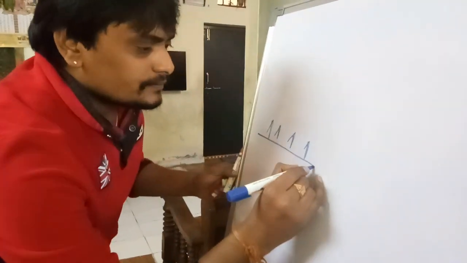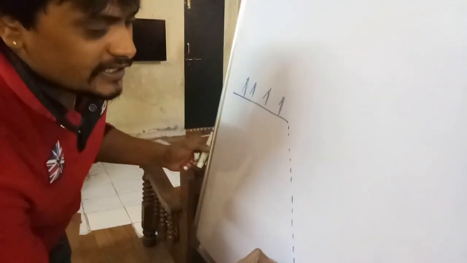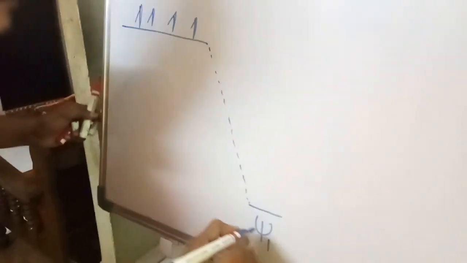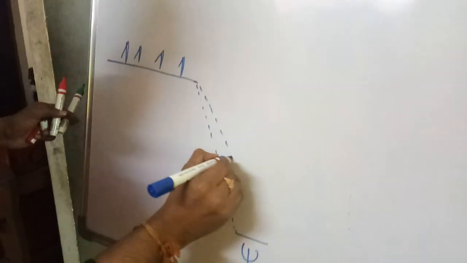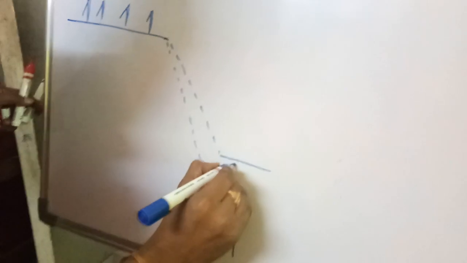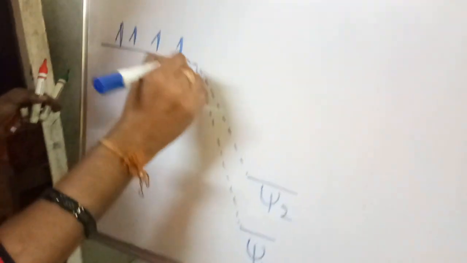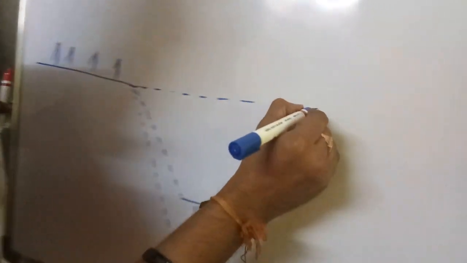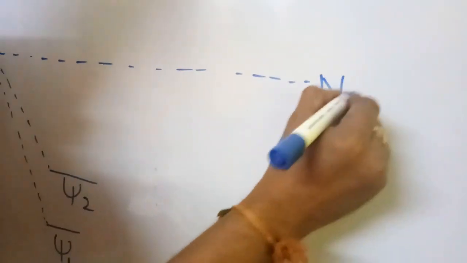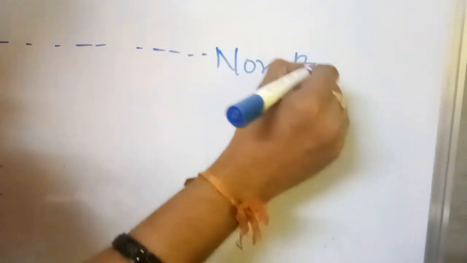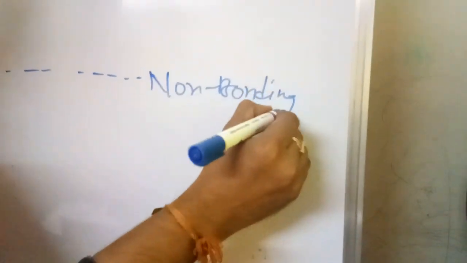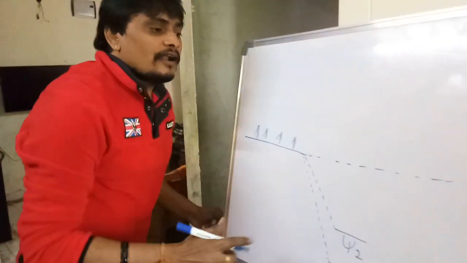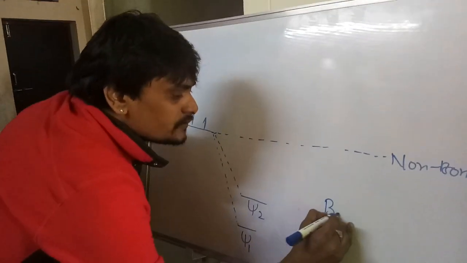So out of the 4 molecular orbitals, let us say that the first one is psi1 and the second one is psi2, and still remember that this is the non-bonding line. Above the non-bonding line, whatever molecular orbitals are present are anti-bonding molecular orbitals, and below the non-bonding line, whatever molecular orbitals are present are bonding molecular orbitals.